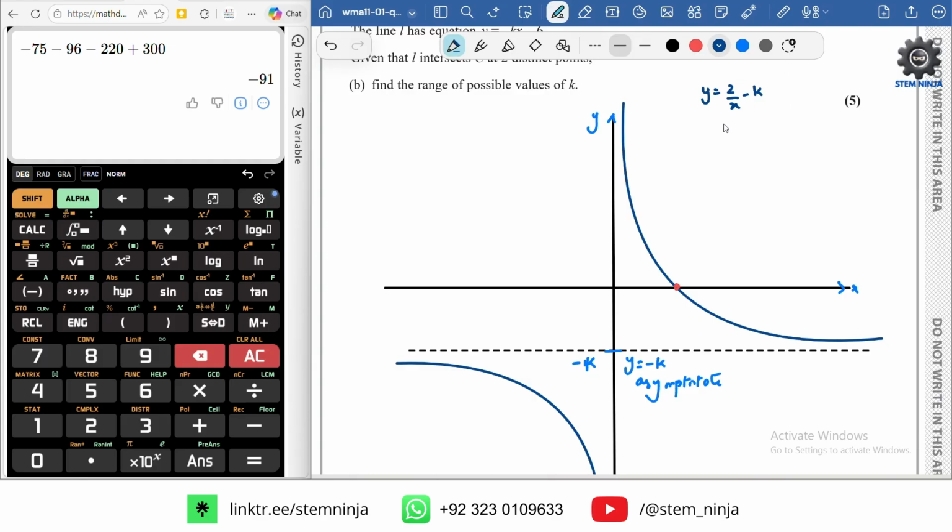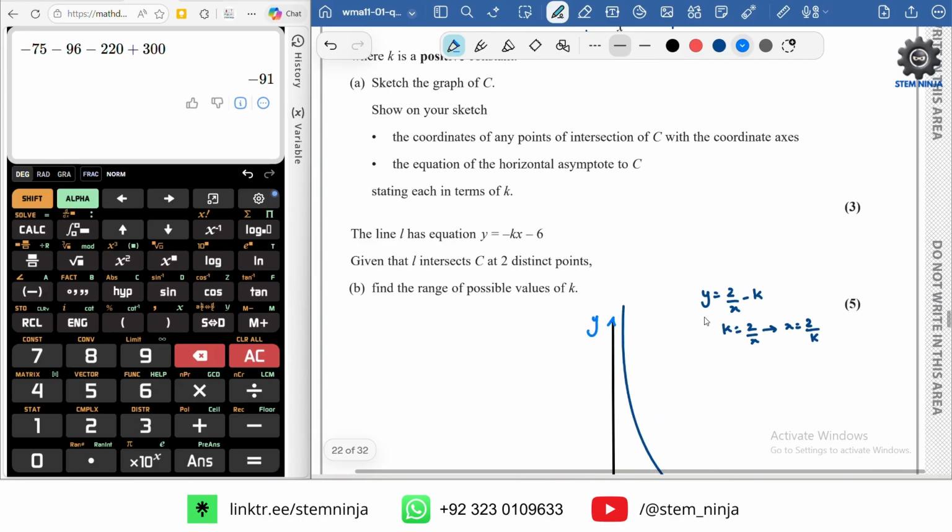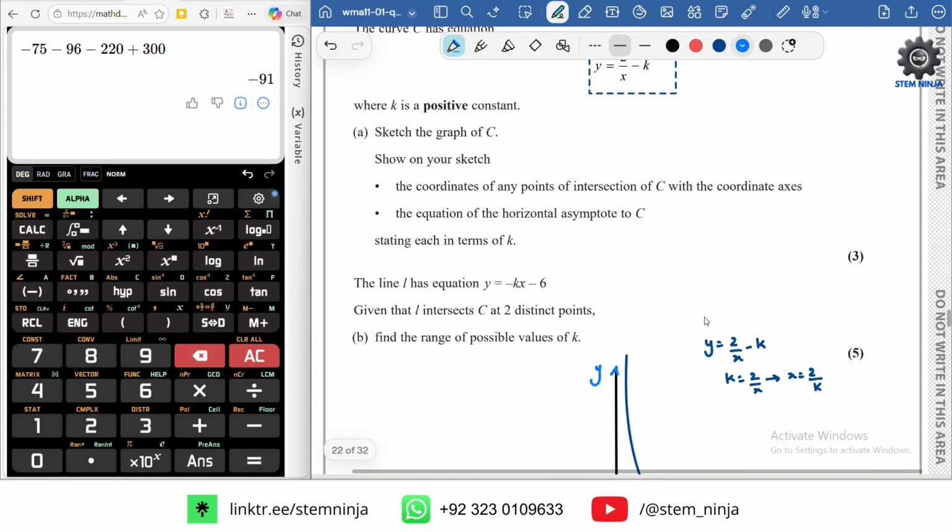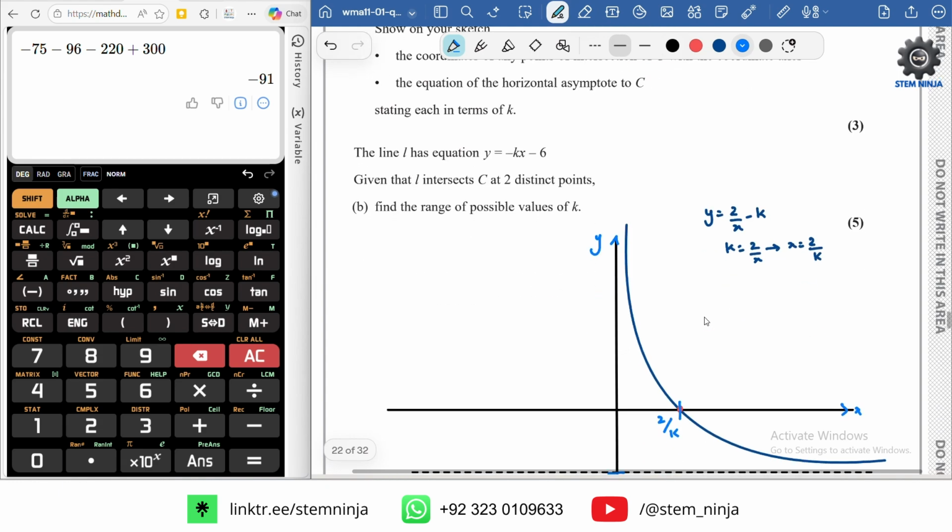So when y is equal to 0, x would be 2 over k. So this is our 2 over k. Alright, that's it. We'll be getting that in terms of k, so no worries.